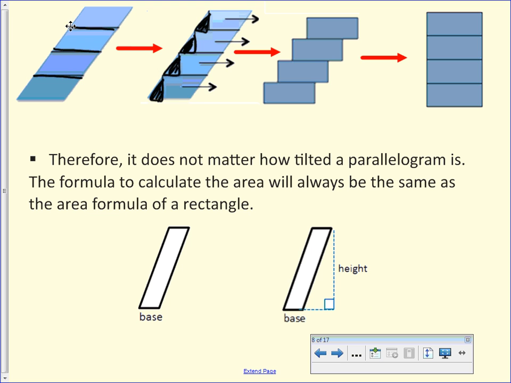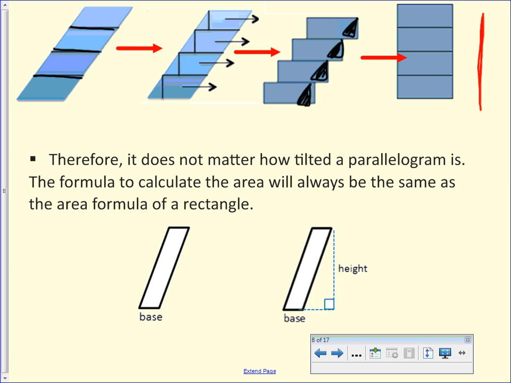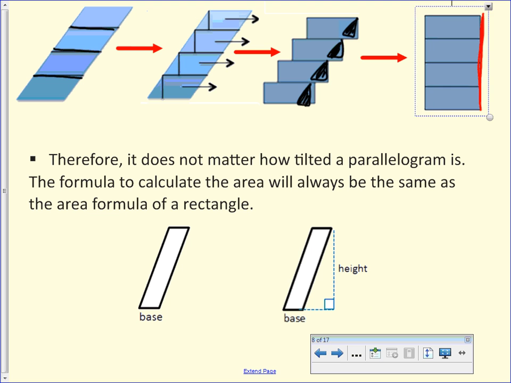So then they took them and put them over here, put them over there to make rectangles. Then we took our rectangles and smushed them together to make a straight block. So here is our height. So let's bring the height back to our first picture.